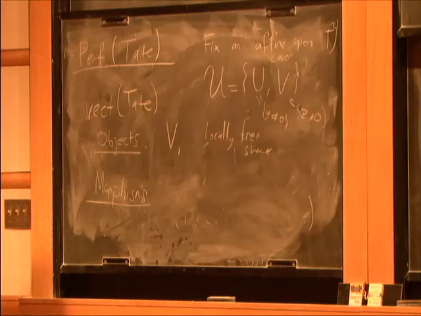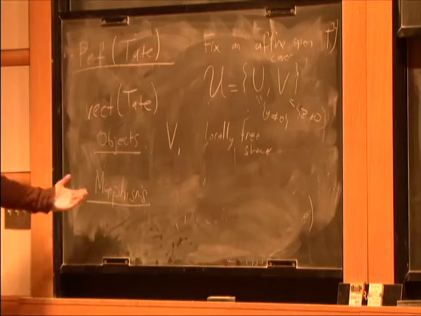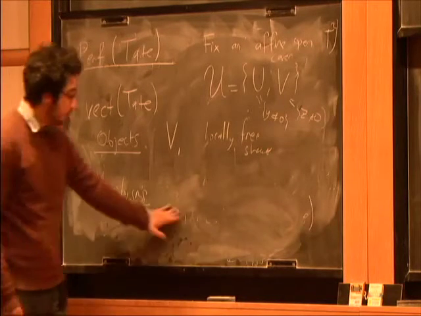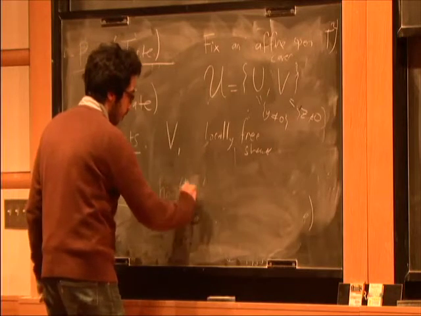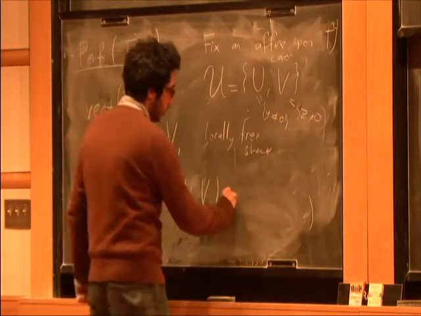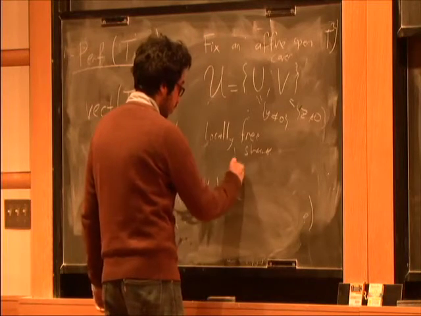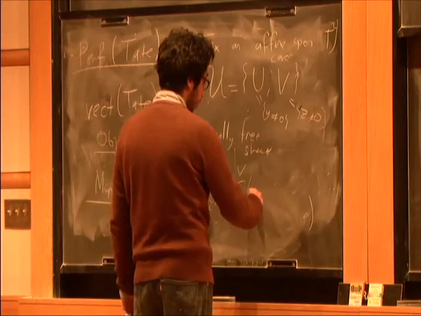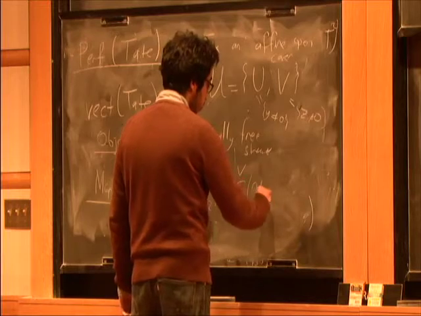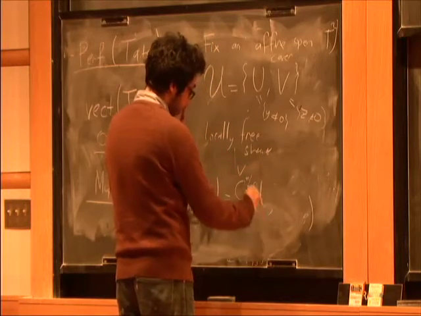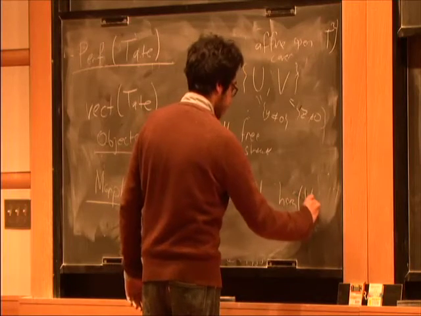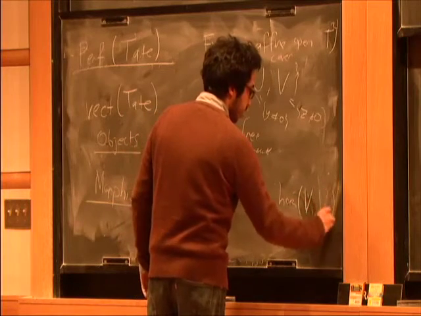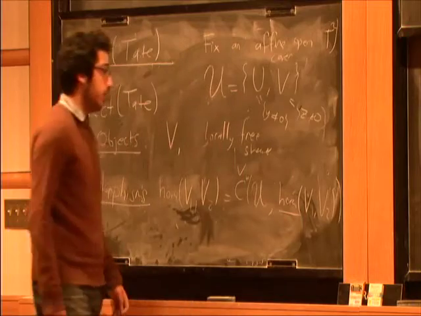And now, what are the morphisms between two vector bundles? Well, this is the Čech complex with respect to this open cover U and the Hom sheaf.